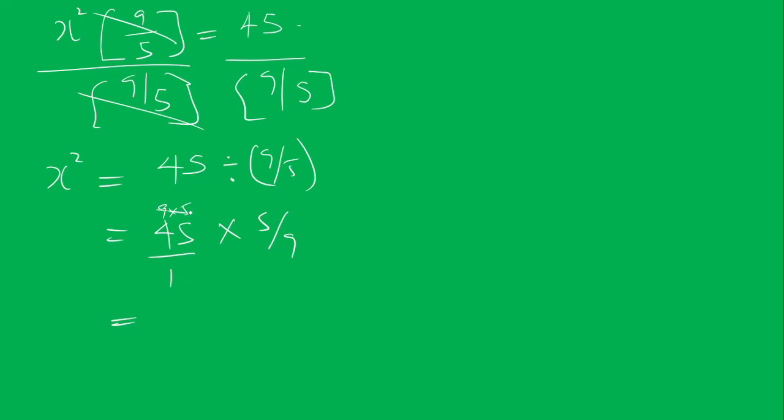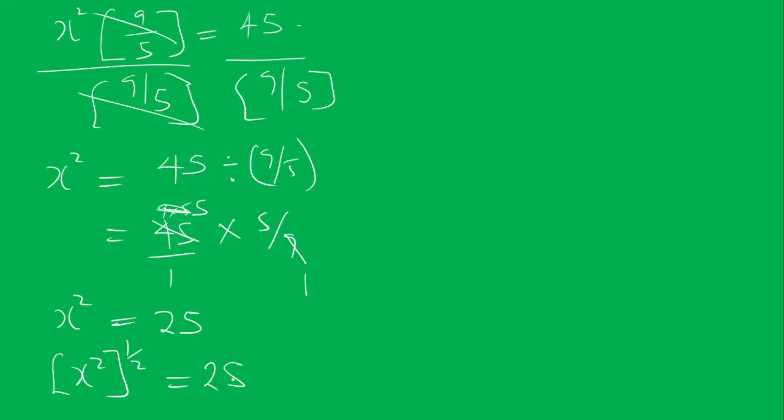So let me just go there. 9 divides itself 1. 9 divides 45, it is 5. So you have x squared is equal to 25. So now that means if you take the square root of both sides, let's say multiply all the powers by half.